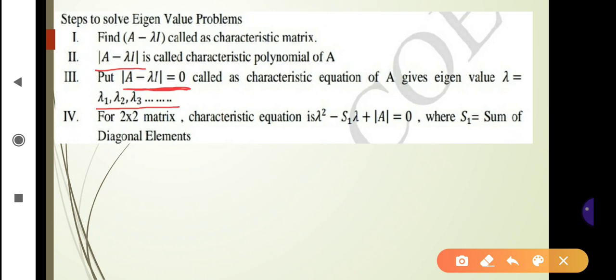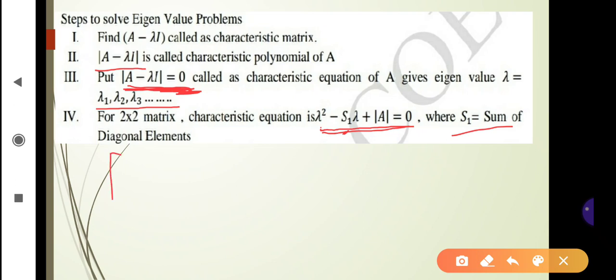For simplicity, if the matrix A is a 2 cross 2 matrix, then the determinant of A minus lambda I equals 0, after simplification, gives the equation lambda square minus s1 lambda plus determinant of A equals 0. That means instead of solving the determinant of A minus lambda I equals 0, just solve lambda square minus s1 lambda plus determinant of A equals 0, where s1 is the sum of diagonal elements.